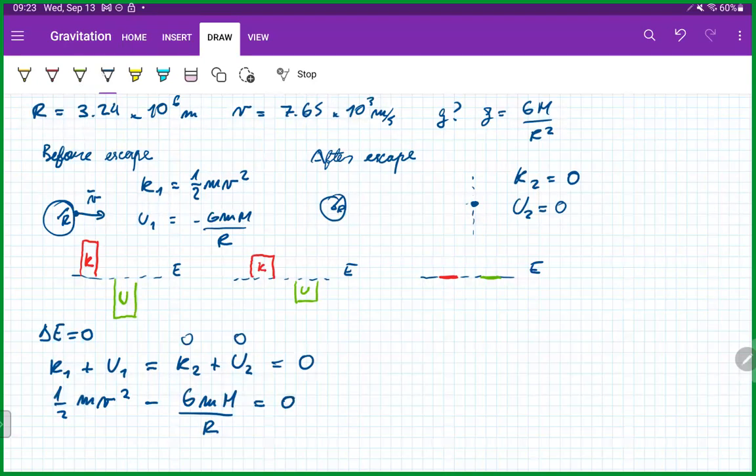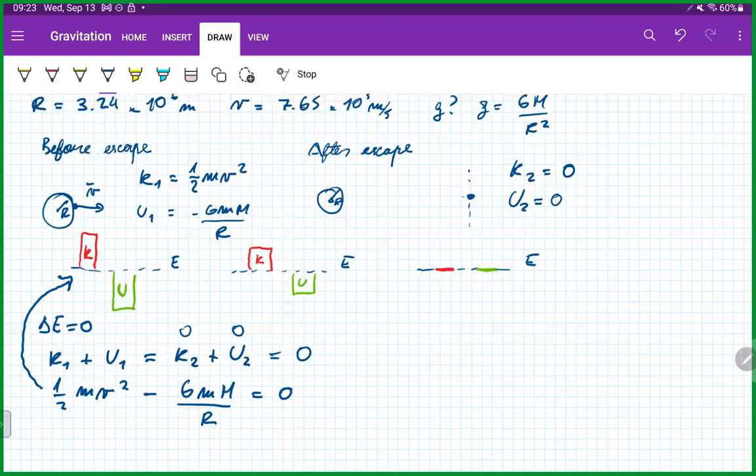So we have a negative value here and a positive value here. We sum those two and we get zero. So those are the same in quantity, in joules, in absolute value.